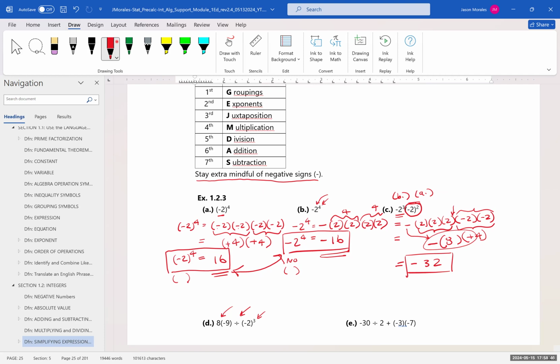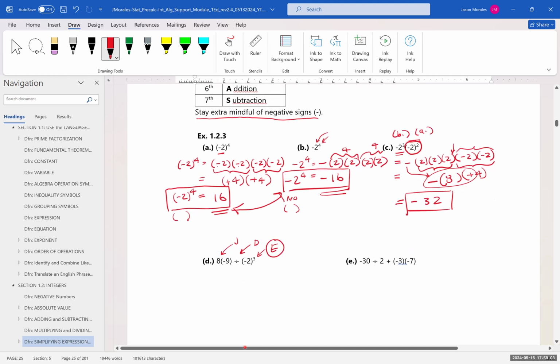So in terms of order, which comes first, exponents, division, or juxtaposition? Well, exponents comes second. So we're going to end up doing that first. So let's do that first. So here we've got 8 times -9 divided by (-2)(-2)(-2).